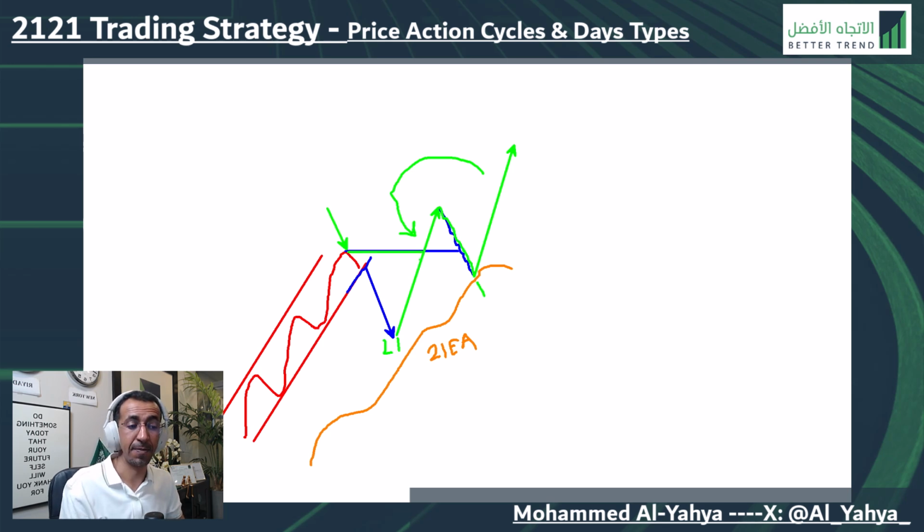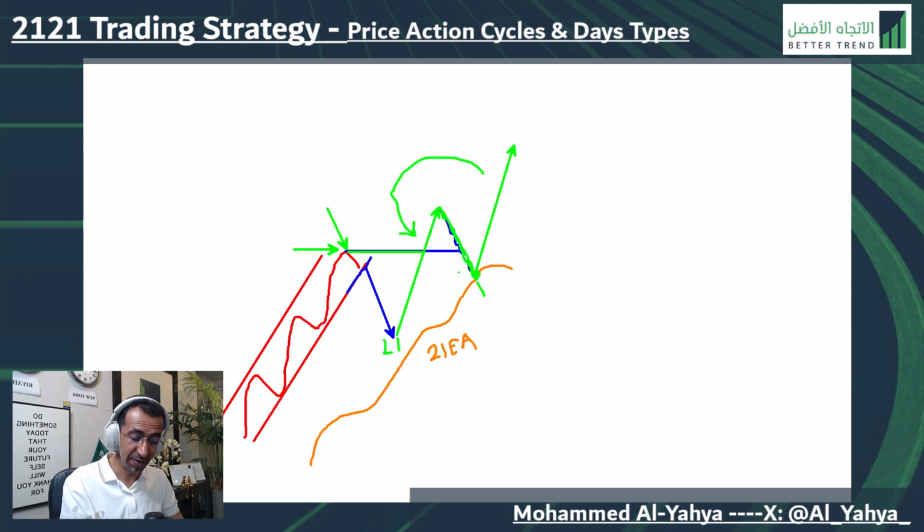I'll repeat again. Leg 1 condition: it has to touch the high of the broken channel. Even touching, it doesn't need to break it out. Just touch it. It has to touch it. That's the minimum. Maximum, we don't know. It could go a lot more. But we know it is done once we see a retest of the moving average.